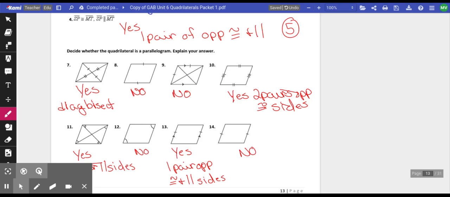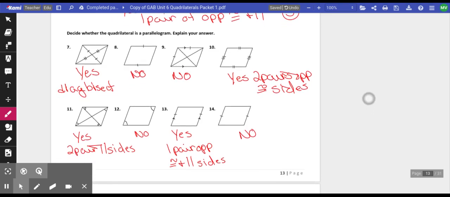Number 8, that's not enough information. Number 9, that's not enough information. 10, yes, because I have 2 pairs of opposite congruent sides. 11, yes, because that indicates that there are 2 pairs of parallel sides using alternate interior angles. 12, no. 13, yes, there's 1 pair of opposite congruent and parallel sides. And 14 is no.